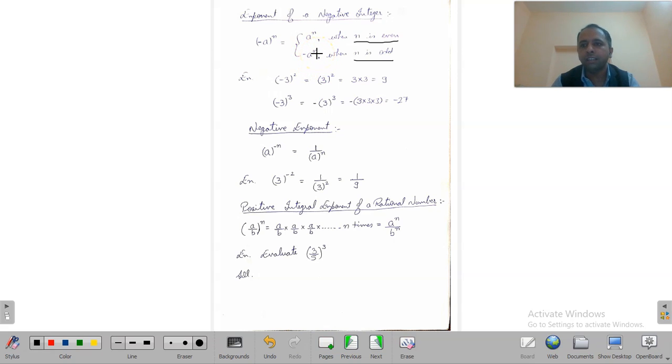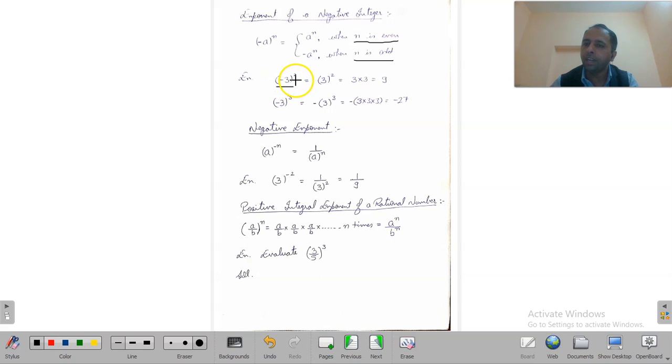So let's understand this with the help of an example. For example, minus 3 to the power 2. You can see here that the base value is minus 3, which is a negative integer, and the exponent value is 2, which is an even number. So negative base and even exponent.